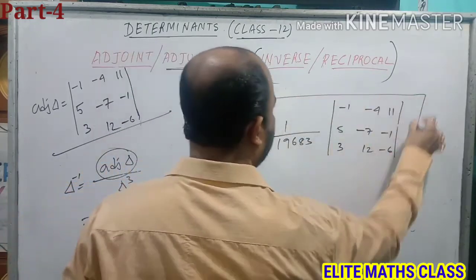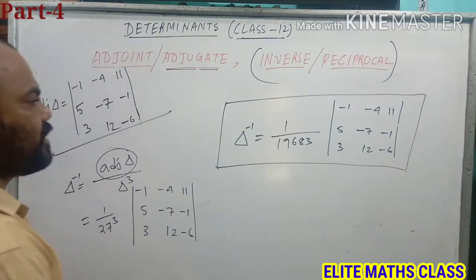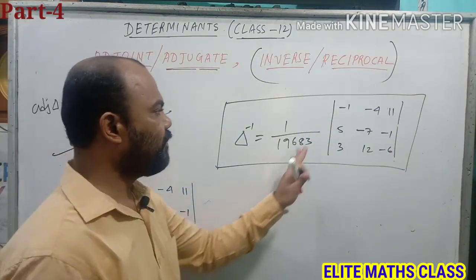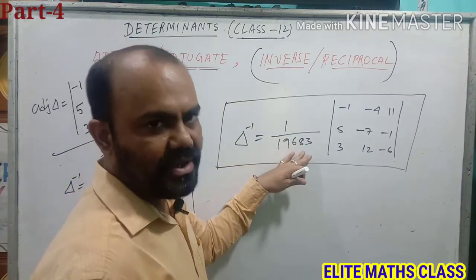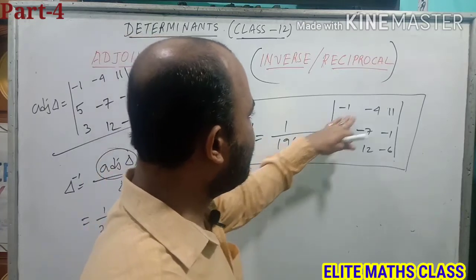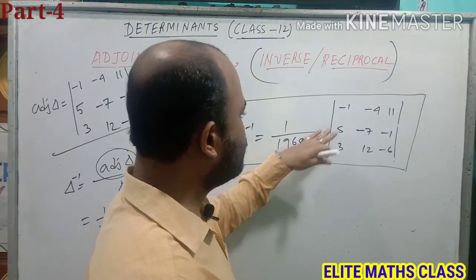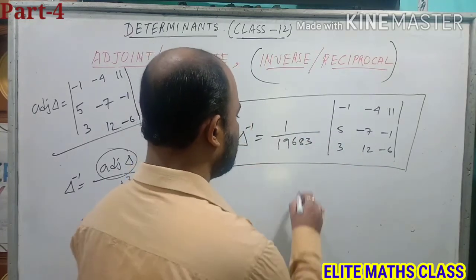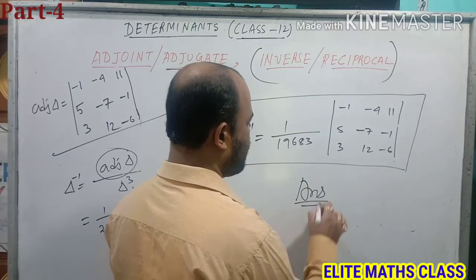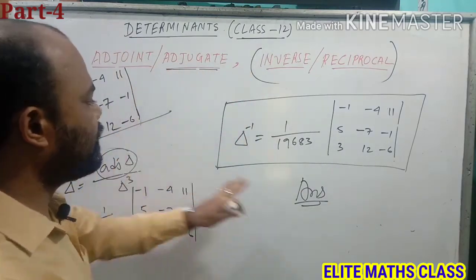This is the value of the inverse or reciprocal of the given determinant. You remember one thing. Now see, the value of 27 cube is 19683. It is a large number and we can't divide all the elements of the determinant by 19683. So don't divide, leave it here as a scalar multiple. So this is the answer of the given question, that is the inverse or reciprocal of the given determinant.